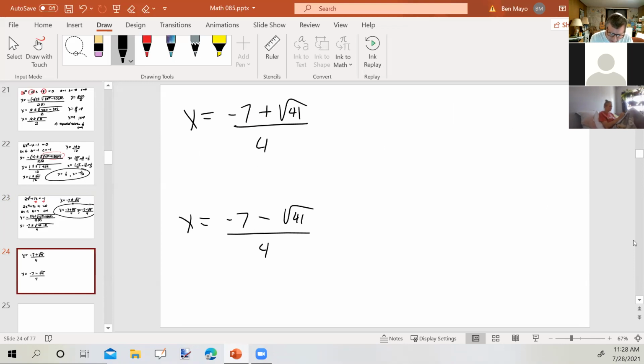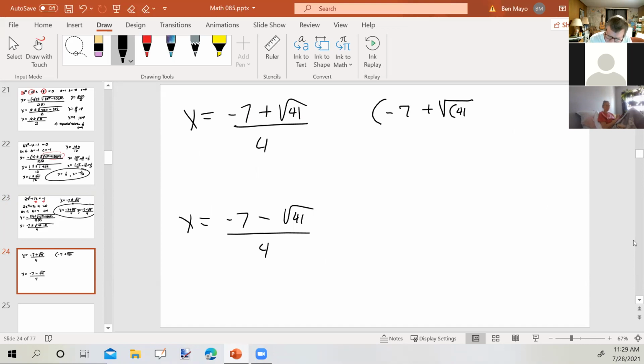So this is how I'm going to enter it into my calculator. I'm going to start with a left-hand parenthesis. Okay. Then I'm going to put in negative 7 plus. Then I'm going to access the square root button, which on my calculator is a second function key. So I'll do that. And that'll give me this.